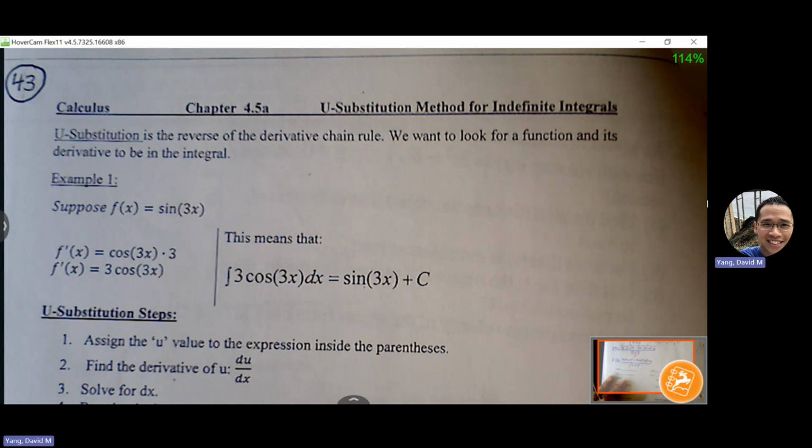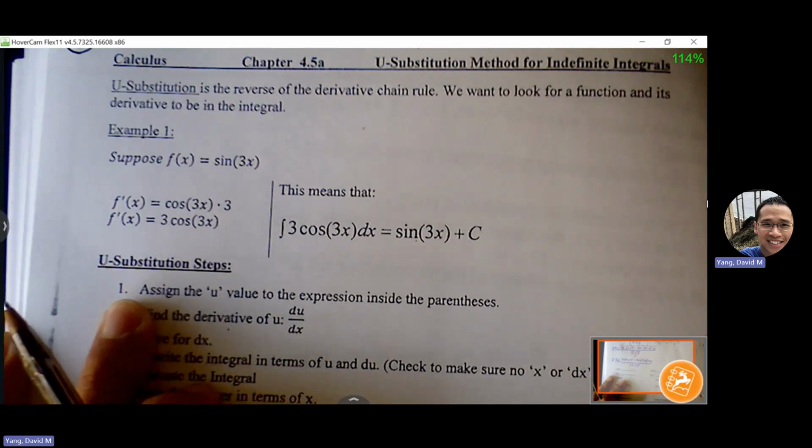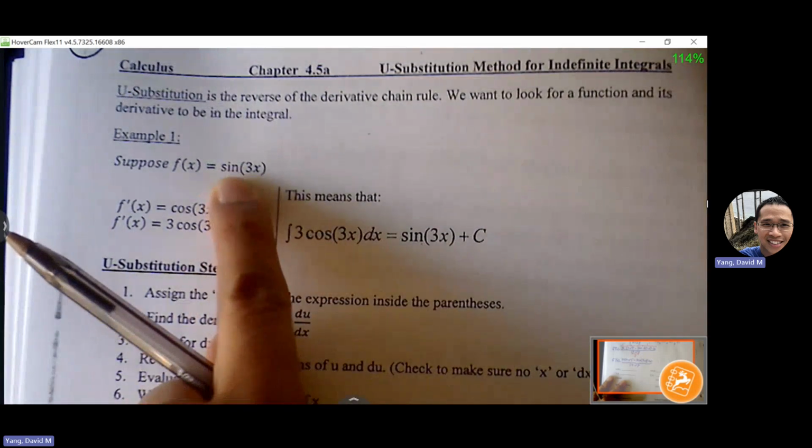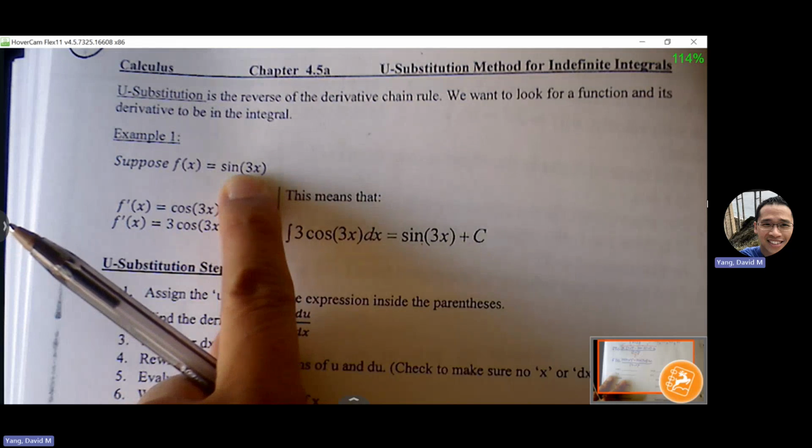So example 1, let's do some review here. Let's say f of x is sine of 3x. We know we have to go through a little bit of chain rule: derivative of the outside times derivative of the inside. So sine of u becomes cosine of u times u prime, right?